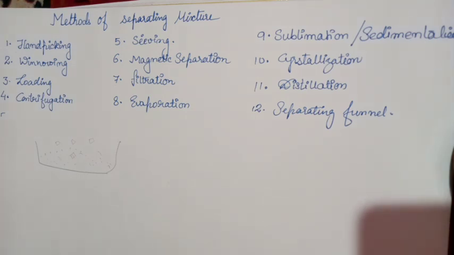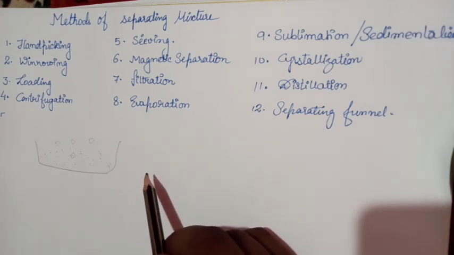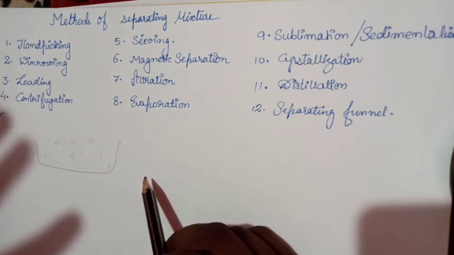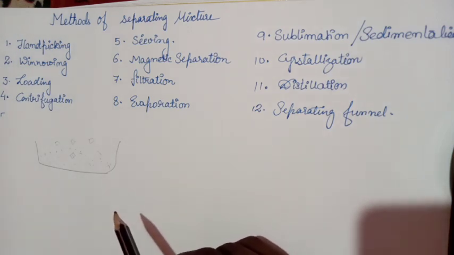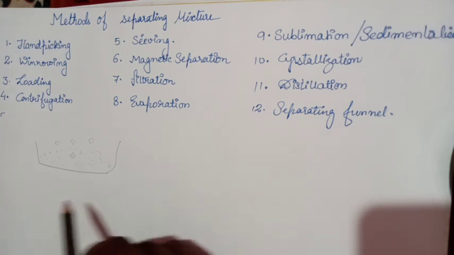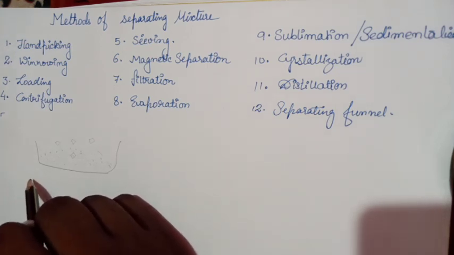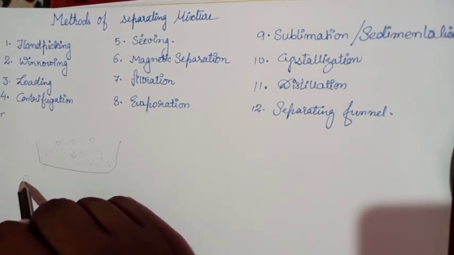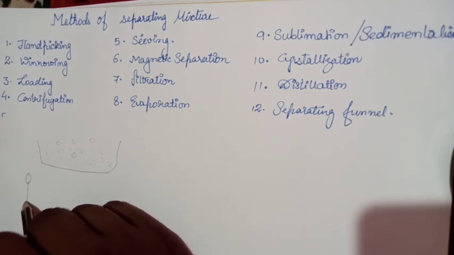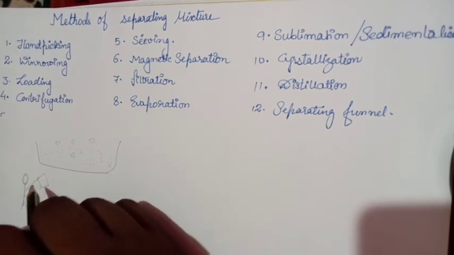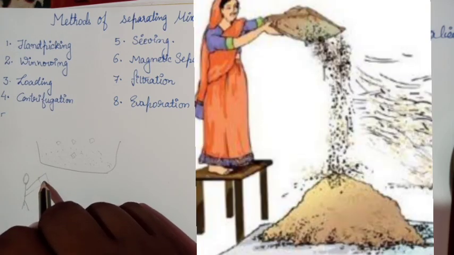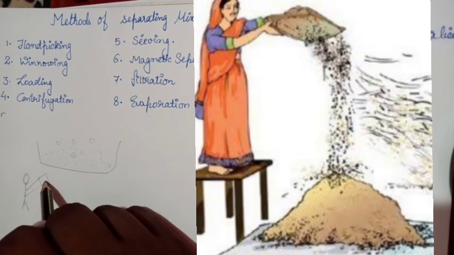Then winnowing. Now what is winnowing? It is a method that the farmers use when they have harvested the crop. A farmer gets to a height, and from the height, with the help of a plate, he throws the grains to the ground.